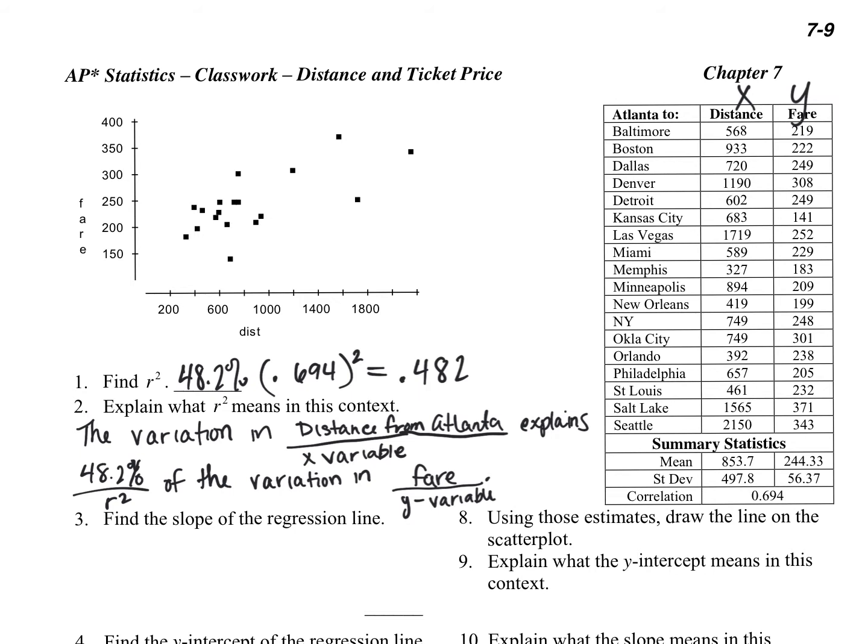You could say the variation in fare is explained by 48% of the differences in distance from Atlanta. So if you switch it around, then the y variable is explained by 48% of the changes in the x variable.